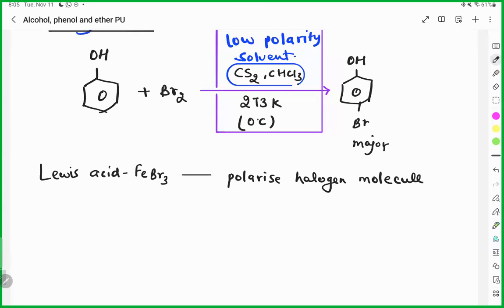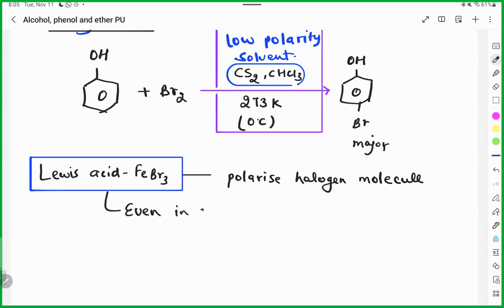But the interesting part is phenol is so active. You don't even need this Lewis acid. Even in the absence of FeBr3, phenol is highly active because this is the real nature of phenol.